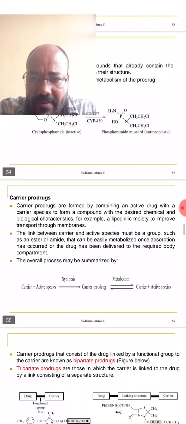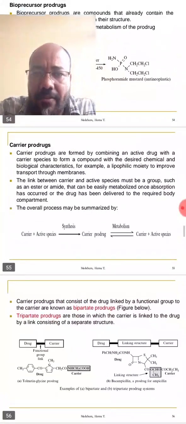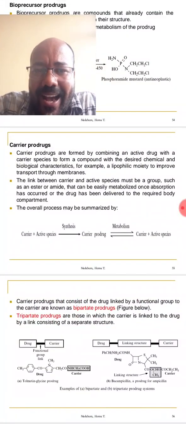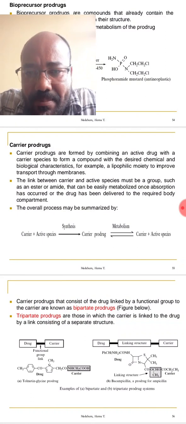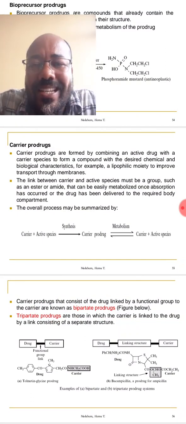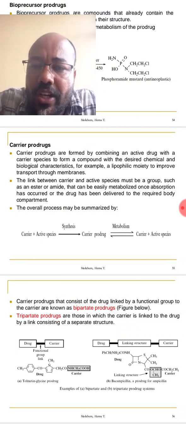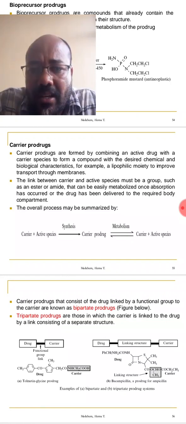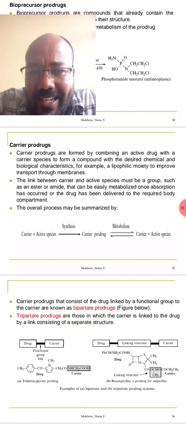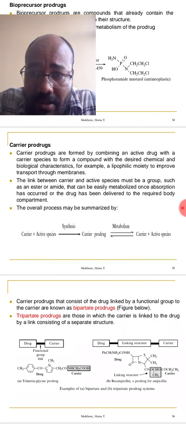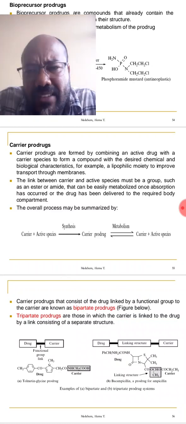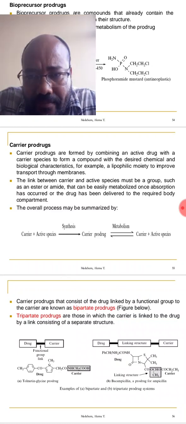Carrier prodrugs are prodrugs that are formed by combining an active drug with a carrier species to form a compound with desired chemical and biological characteristics. For example, to increase lipid solubility, to increase safety, to improve transport through membranes. We can combine the active species with the carrier.